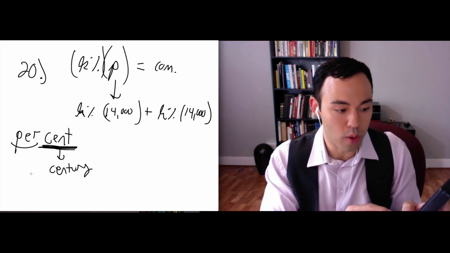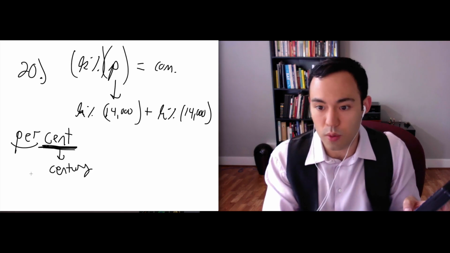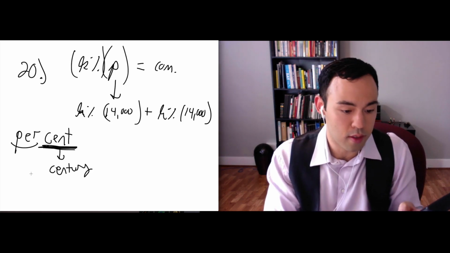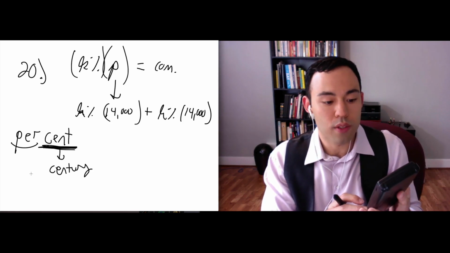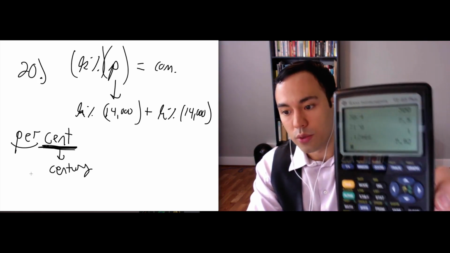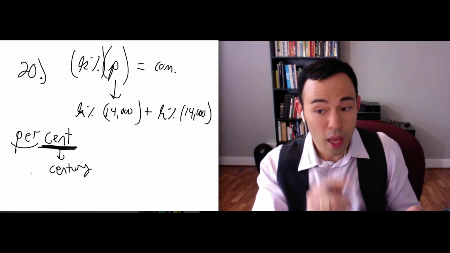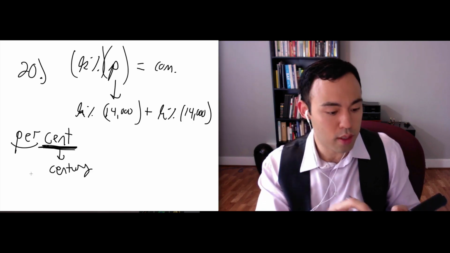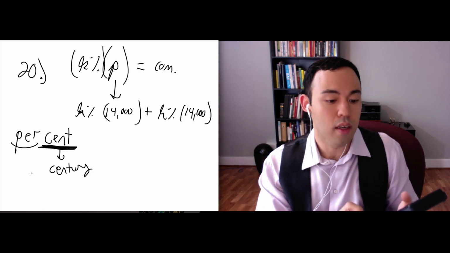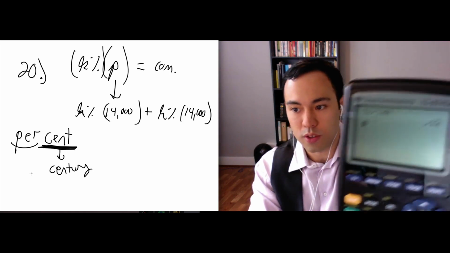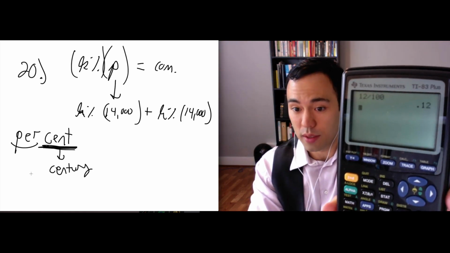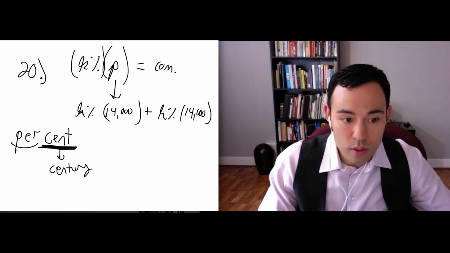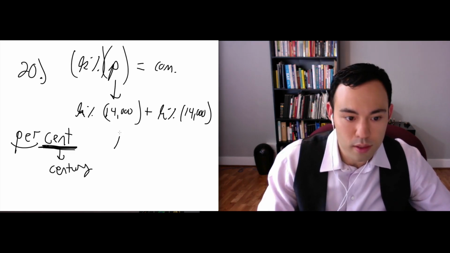You go 0.12 times the something. Like, what's 12% of 66? You go 0.12 times 66 is equal to 7.92. That 0.12 trick is actually dividing by 100. So K% means K over 100.